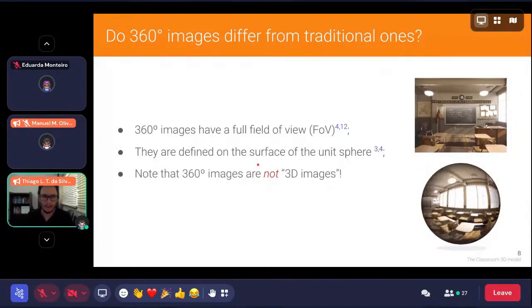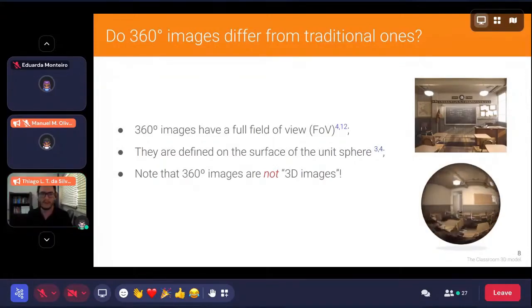And one thing we need to state here is that 360-degree images are not 3D images. So this is a misunderstanding that commonly appears when you're talking first time on spherical images. This will be more clear as we move on in the presentation.